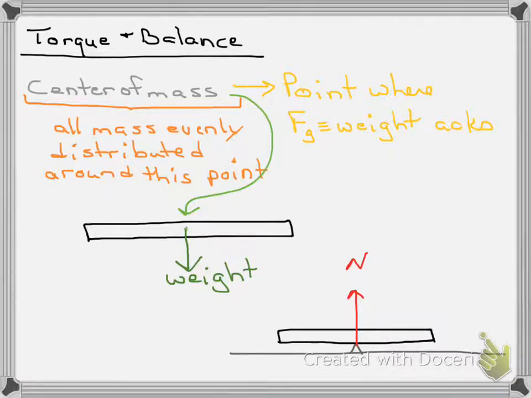Well, the location where the meter stick touches that top of the triangle means there's going to be a normal force that acts directly upward on that meter stick. And if we have the center of mass directly over the top of that triangular balance, then the weight force will be acting straight down, and the normal and the weight forces will be acting basically along the same line. Now, they'll cancel each other out.